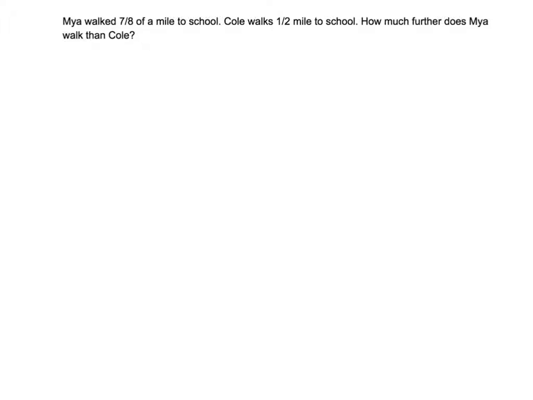So we're going to start by drawing a picture just so we can see what this looks like. If this is representing a total distance of 1 mile, and I'm going to turn this sideways so I can write 1 mile, let's split this up into eighths so we can see what exactly 7/8 will look like.